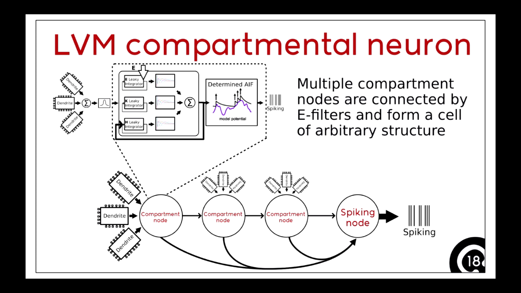We can make compartmental cells which might resemble any real existing or non-existing neural cells, and solve different kinds of tasks. For example, when we combine several such nodes, we achieve time series data.